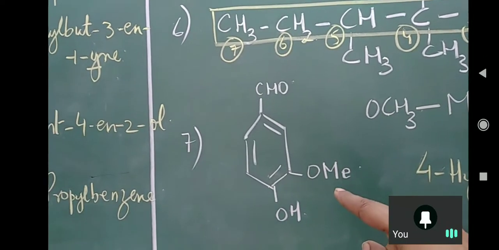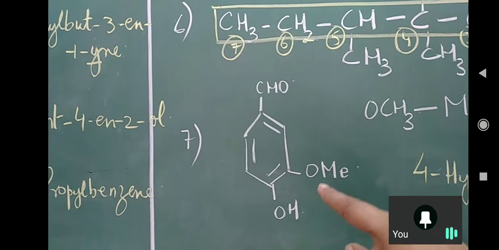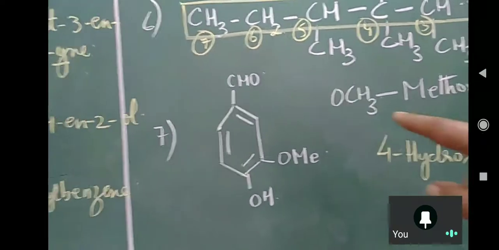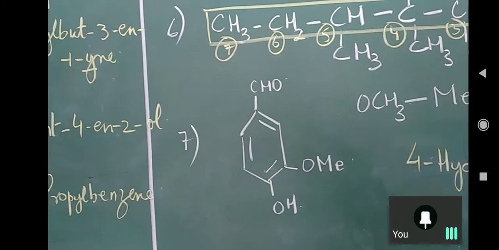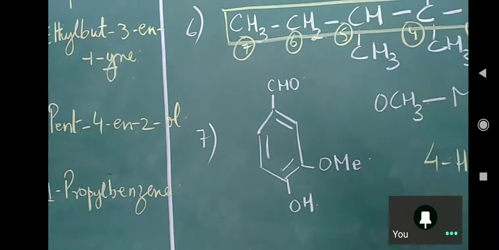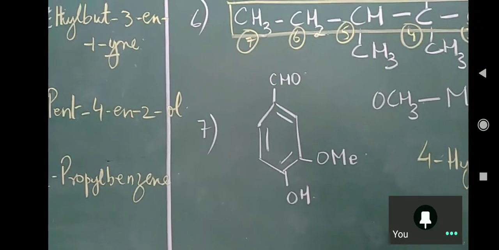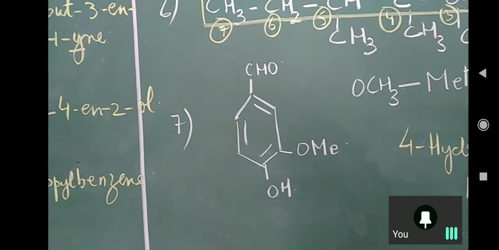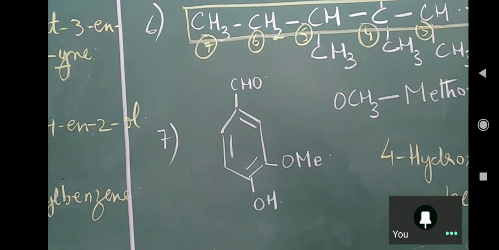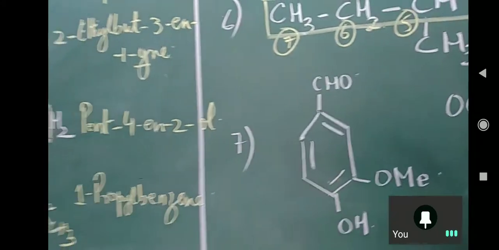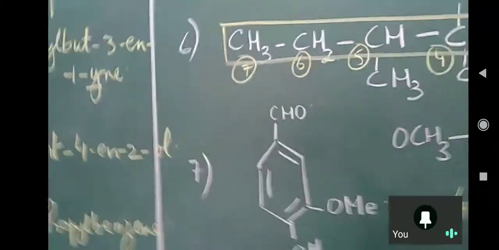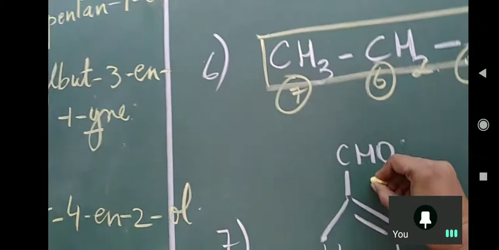Like methyl, methoxy is also treated as a substituent. Ethers are very weak functional groups. Alcohol and aldehyde, which is stronger? Aldehyde or alcohol? Aldehyde. So aldehyde will be given carbon atom number 1.